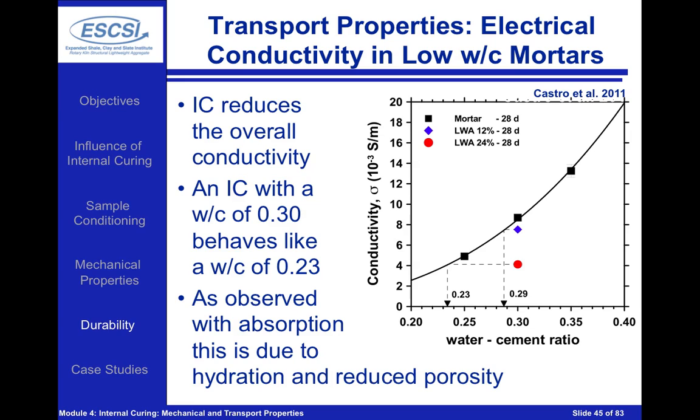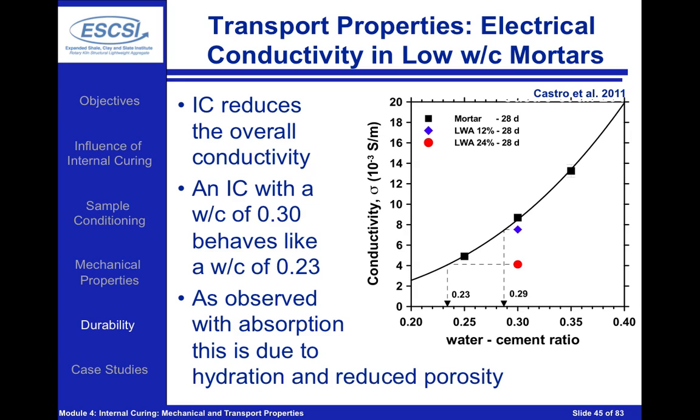When we use the internally cured concrete, either the blue diamond or the red dot representing the amount of internal curing water that replaces an equivalent volume of what's lost due to chemical shrinkage, here we can see that while we've cast at a 0.3 water to cement ratio, the conductivity is really more like a 0.23 water to cement ratio because of increased hydration and reduced effects of the interfacial transition zone.